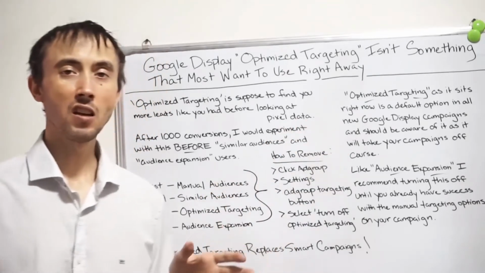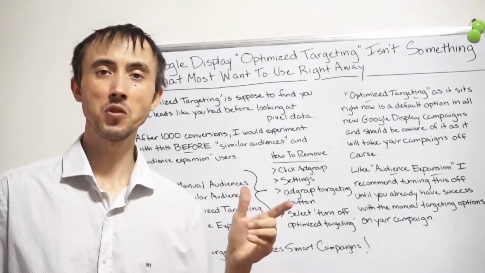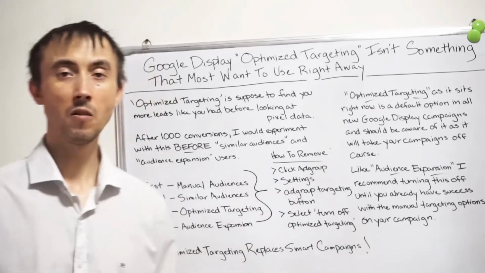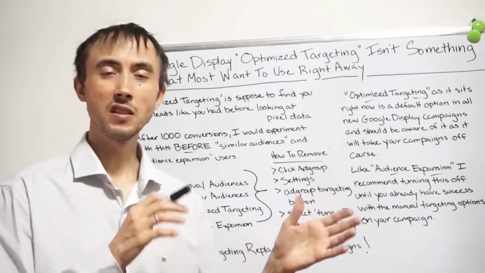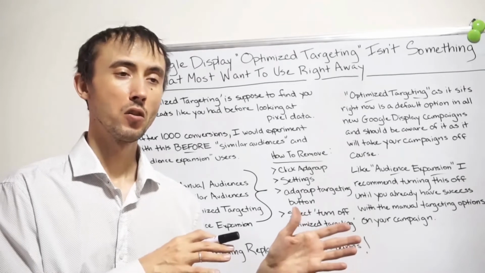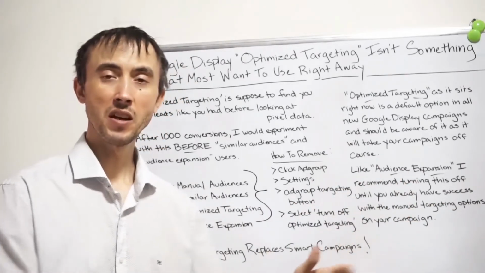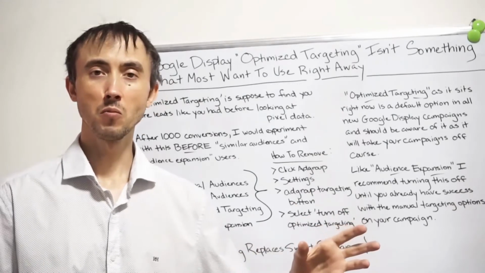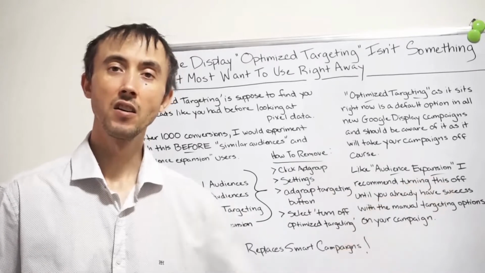Optimized targeting has actually been introduced as a default option on display campaigns now, if you were wondering why, because Google has retired the smart display campaigns. Smart display campaigns would try to find you customers by looking at the traits of the past customers you got or the past leads you got.